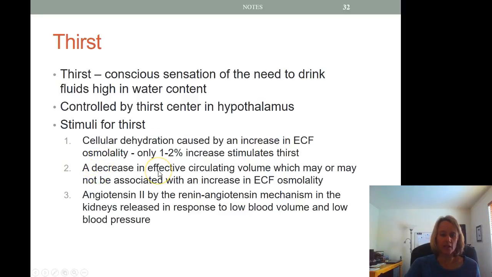A decrease in effective circulating volume can also stimulate thirst, and this may or may not be associated with an increase in extracellular fluid osmolality. But once again, it's going to take a little bit larger response. Finally, angiotensin II, which is a byproduct of the renin-angiotensin mechanism, can also stimulate thirst.